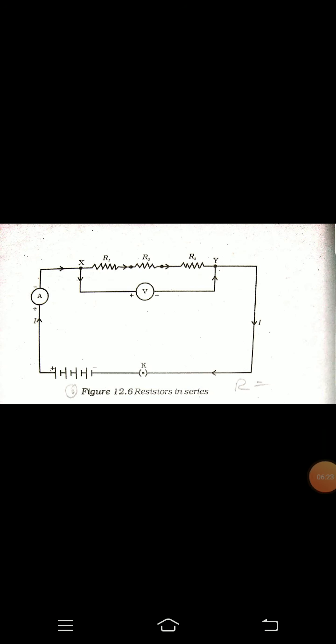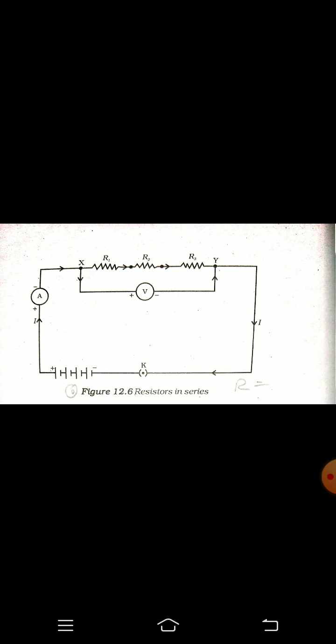What do we have to do? As shown in figure 12.6, we have to set the apparatus. Here there are 3 resistors R1, R2 and R3. So we have to take 3 resistors. For example, R1 we take 1 ohm, R2 we take 2 ohm, R3 we take 3 ohm.